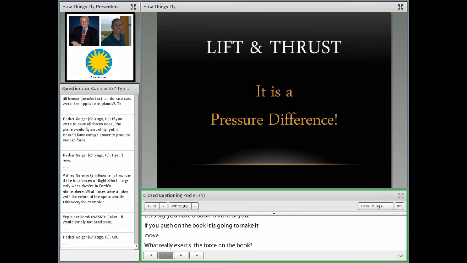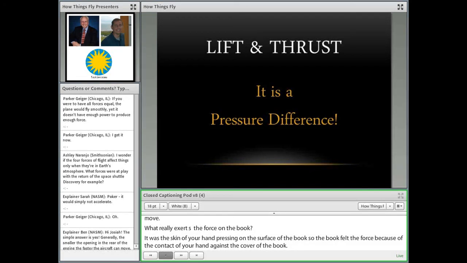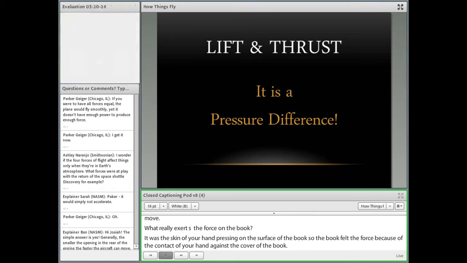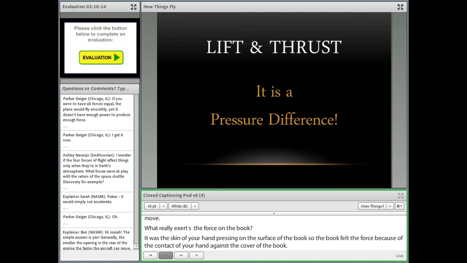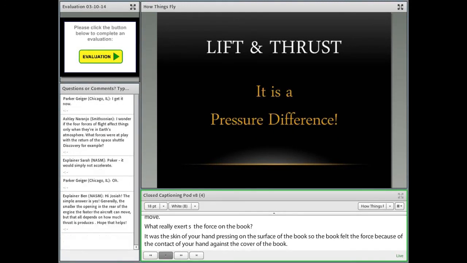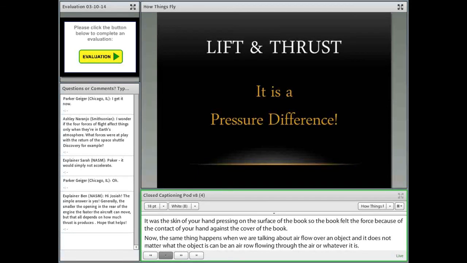Now the same thing happens when we're talking about airflow over an object. No matter what the object is, it can be an airfoil, a wing, an arrow flying through the air, whatever it is. How does nature communicate a force to that object? Nature doesn't stand back at some distance and say, let there be a force.